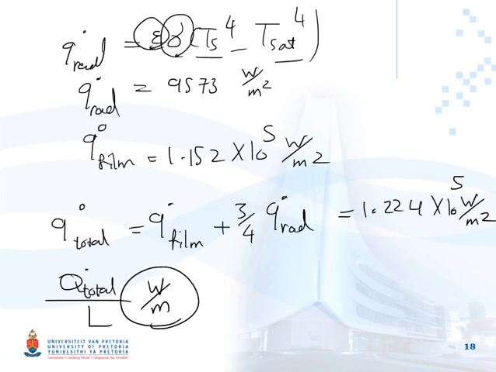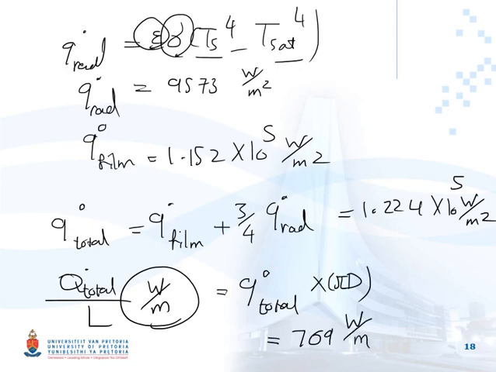We have watt per square meter, so it will be Q dot total multiplied by pi D, and the answer will be 769 watt per meter. Okay, so basically that's it.